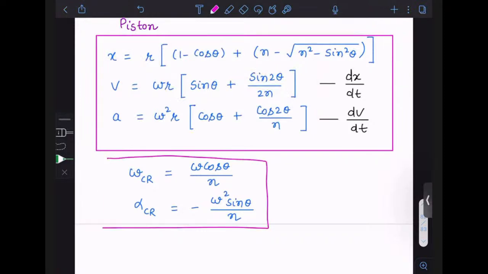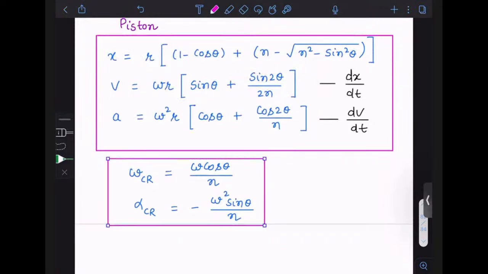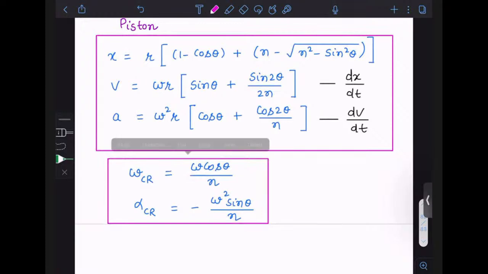See, this is for my dear connecting rod. Right, connecting rod. So this you can find out by d omega of the connecting rod by dt. Correct, everyone? So it's quite simple.